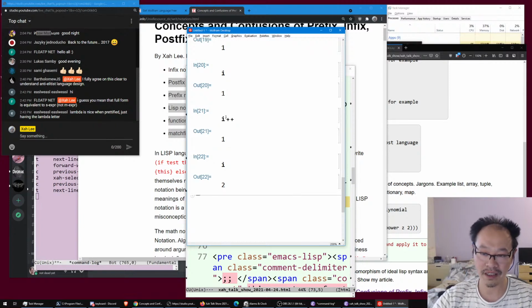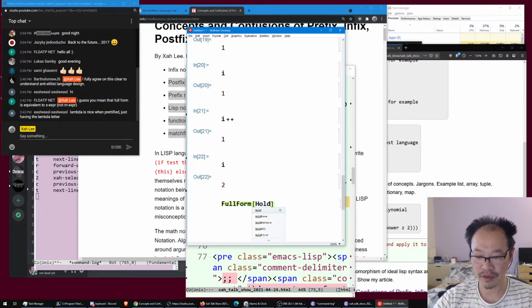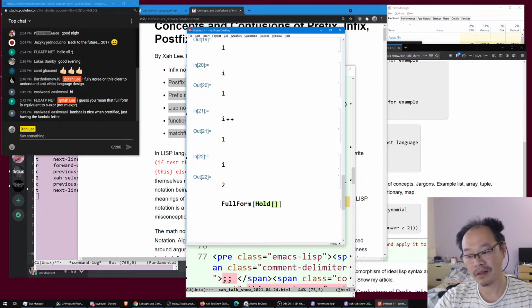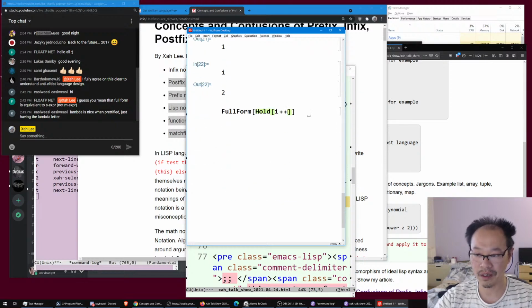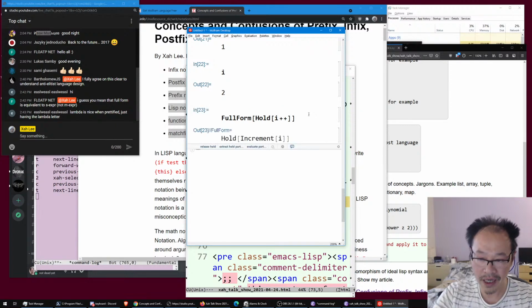But what is this form in Mathematica? Let me show you. Let's use the power of the full form. Then you have to say Hold because you don't want to evaluate. Let's say I plus plus. Let's see what it returns. I don't remember exactly what, Set plus 1 or something. Okay, Increment. That's a great name.